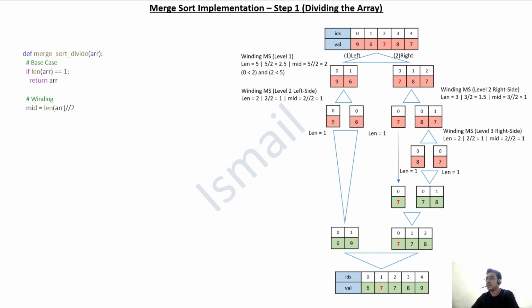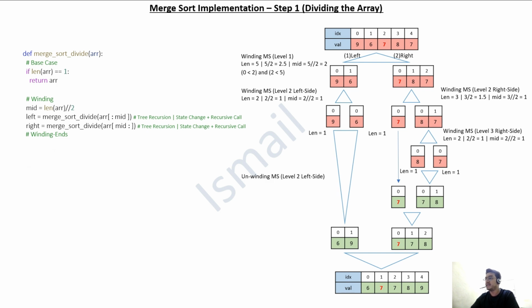Left subarray, all elements from start up to mid minus 1, and right subarray with all elements from mid to the end. Each of the subarrays is passed to merge sort divide recursively. Then comes the unwinding phase. Once we have reached the base case, that is subarrays with one element, we start returning from the recursive calls.